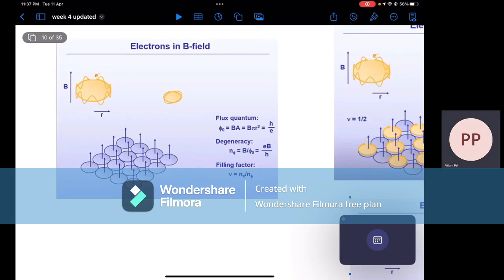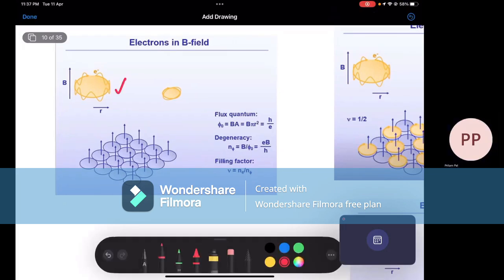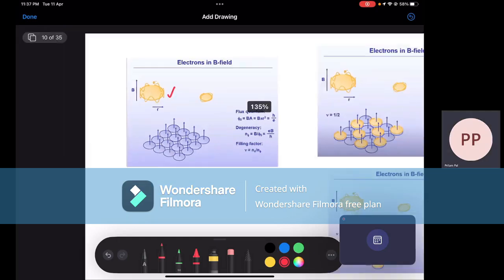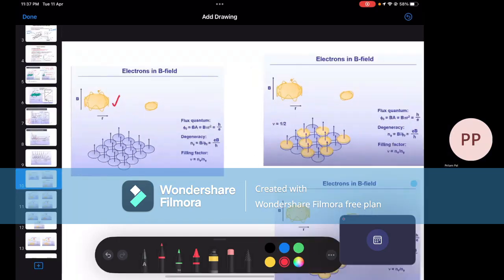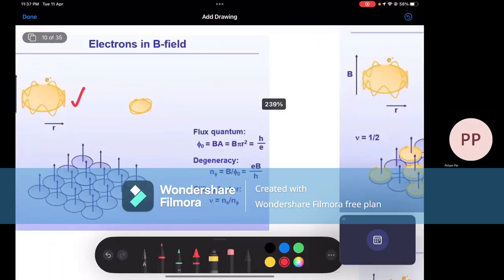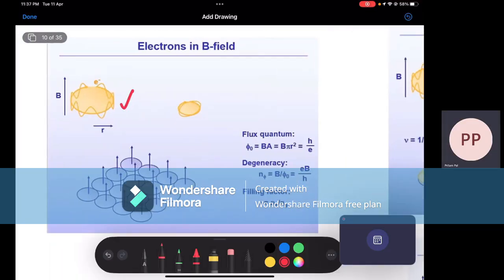So look here. Each electron orbit with its own flux quantum.